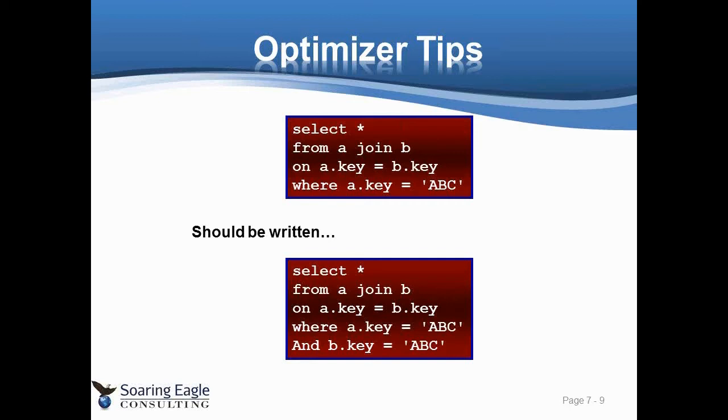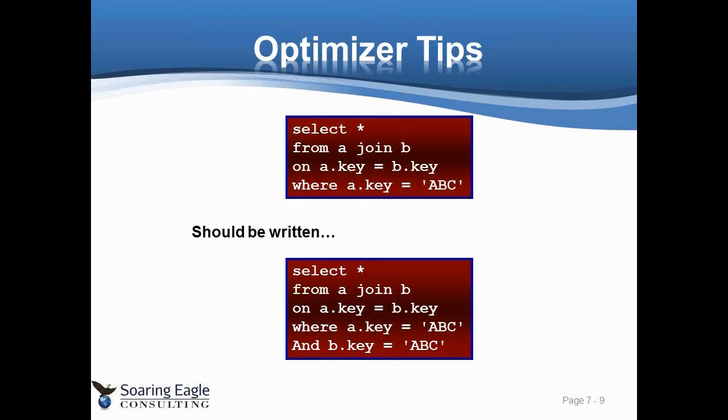Now we look at the where clause, where A.key is equal to ABC. Here's the thing. Because I have a where clause which gives me a search argument on table A, I'm going to be able to restrict the rows in table A, and once I've restricted the rows from table A, only join to table B for the appropriate rows from table A.